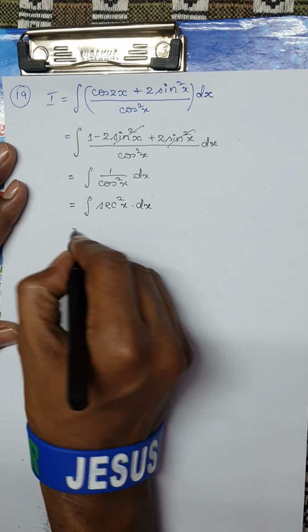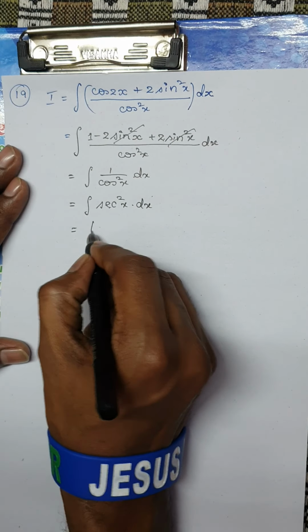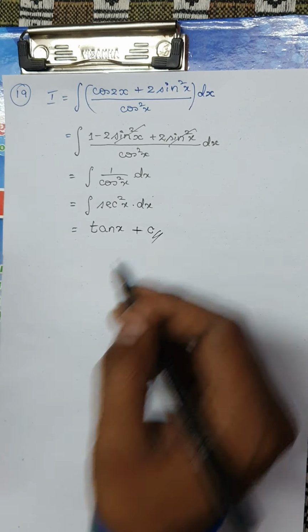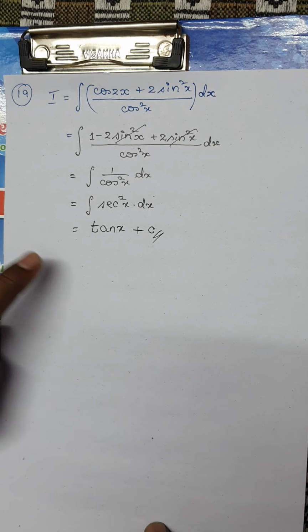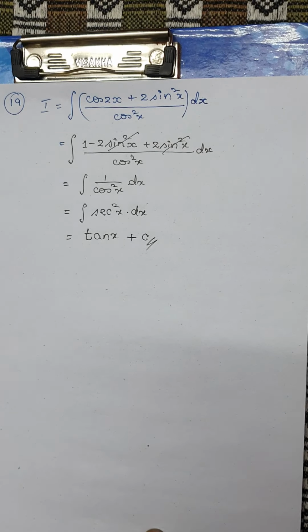The integral of secant square is a standard integral, it is tan x plus c, which is the constant of integration, and this is the final answer for the given integral. Very simple, isn't it? The only thing is you have to practice the questions.